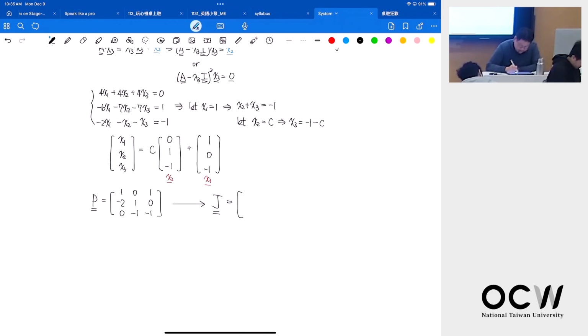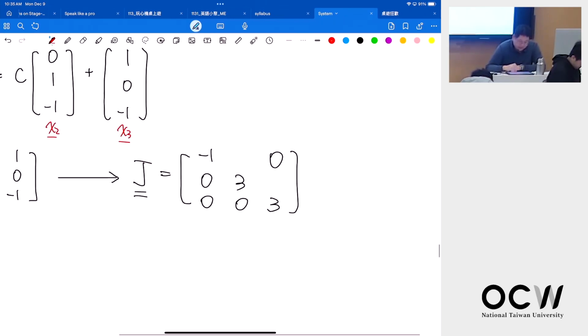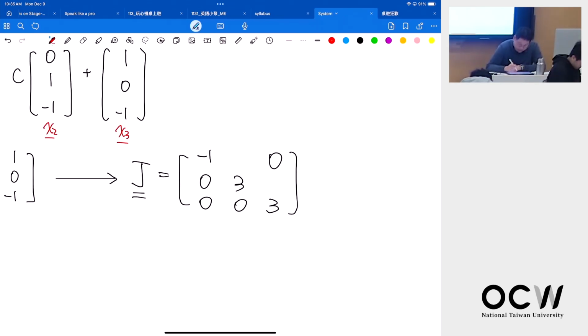That is, you still put the eigenvalues, but since these two are repeated and they cannot find their independent eigenvectors, I know that above this element I'll get 1 here. This is still 0. That means this vector is a generalized eigenvector. Okay, they are repeated.